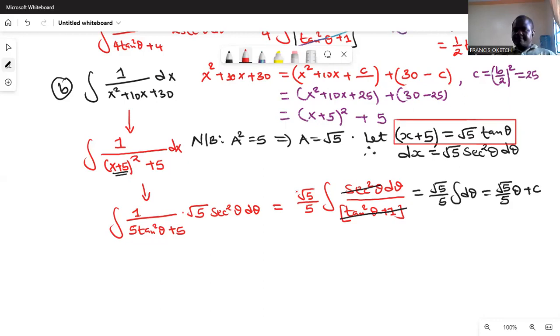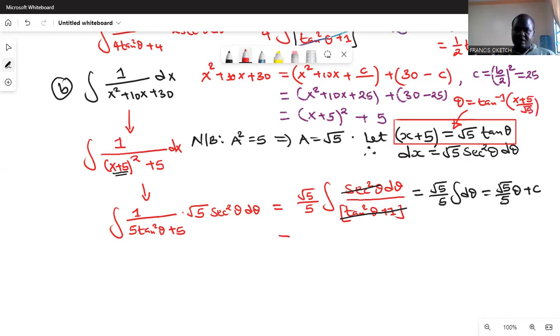And then make theta the subject, so take tan inverse on both sides. So theta is equal to tan inverse of x plus 5 over root 5.